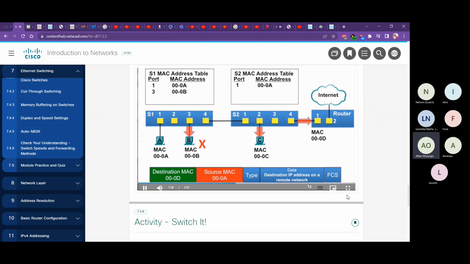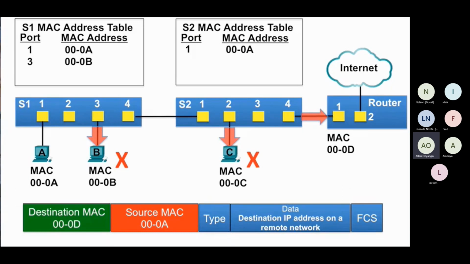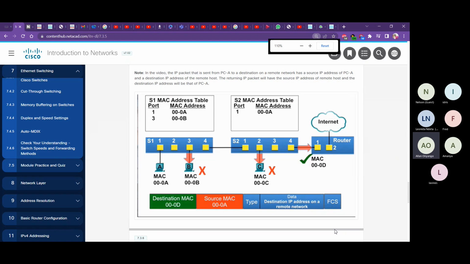PCC gets the frame, and because the destination MAC address does not match its own, it does not accept the rest of the frame. The router receives the frame, and because the destination MAC address matches its own, it accepts the rest of the frame.